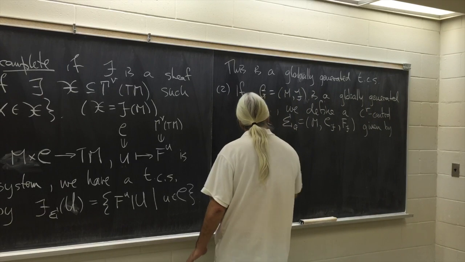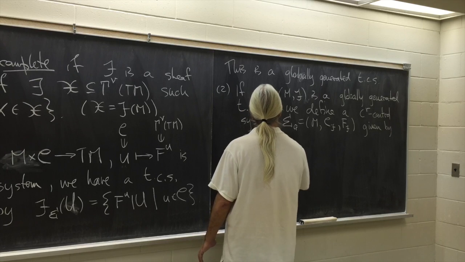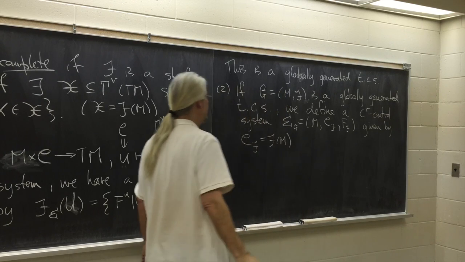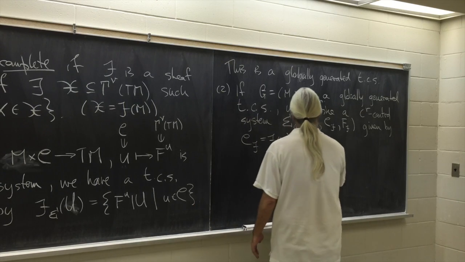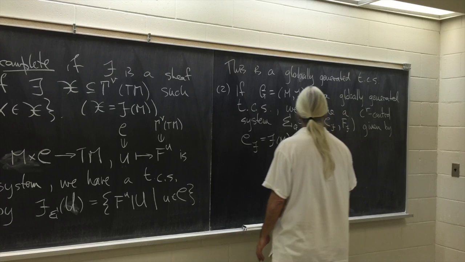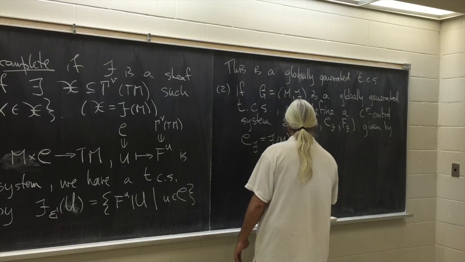My control set is simply the set of global vector fields that define the tautological control system.